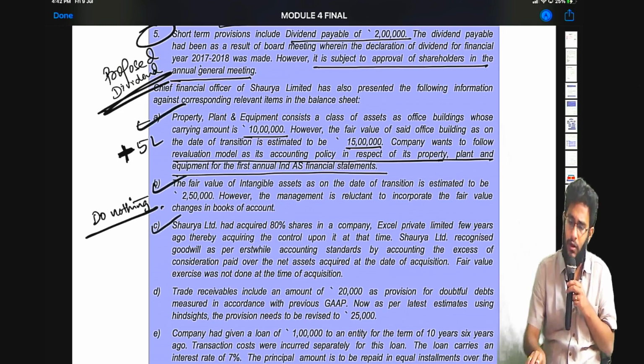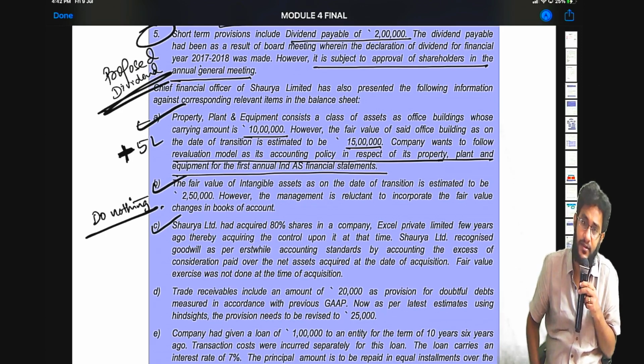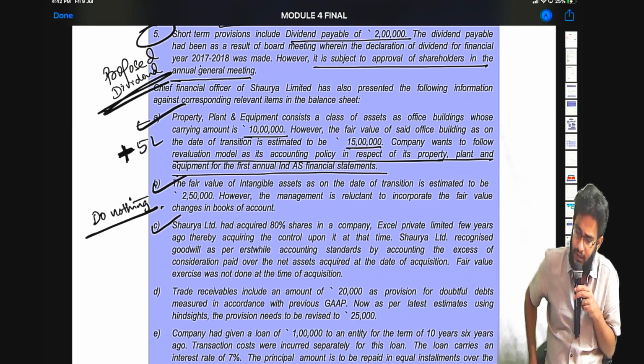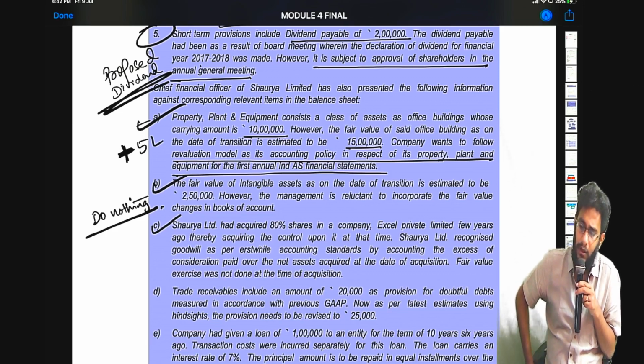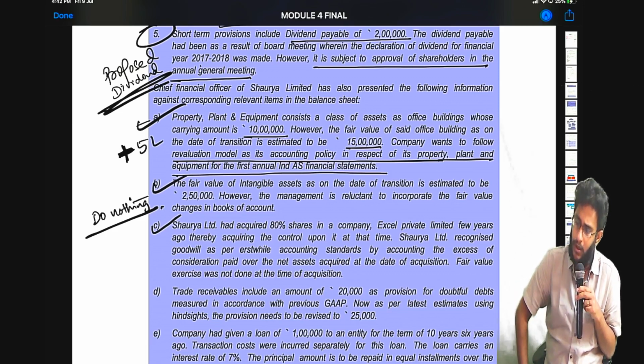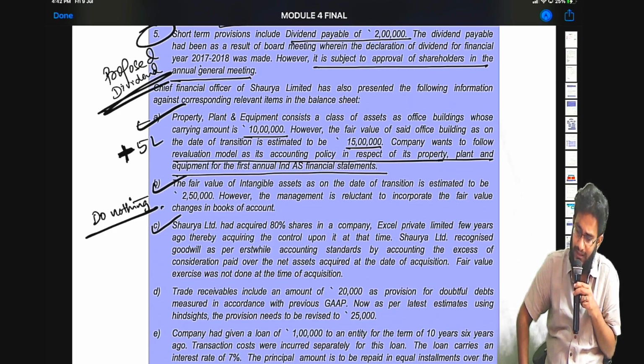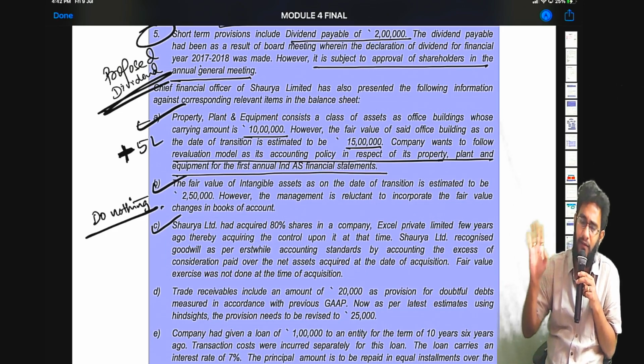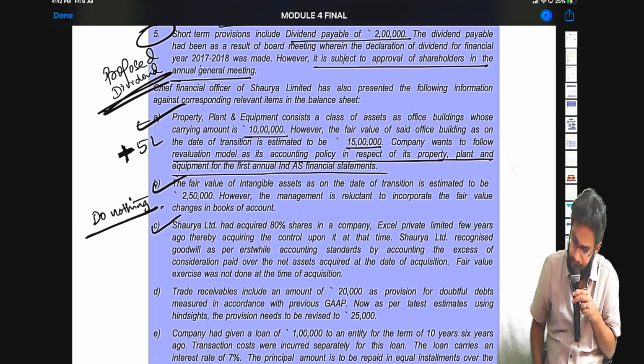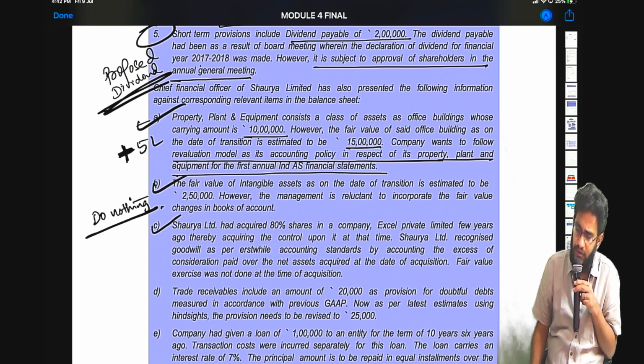Next. Shaurya Limited has acquired 80% shares in Excel Private Limited a few years ago, thereby acquiring control over it at that time. That means it's a subsidiary. Shaurya recognized goodwill as per erstwhile accounting standards, by accounting the excess of consideration paid over the net assets acquired at the date of acquisition. So in the past they have done accounting as per existing accounting standards.